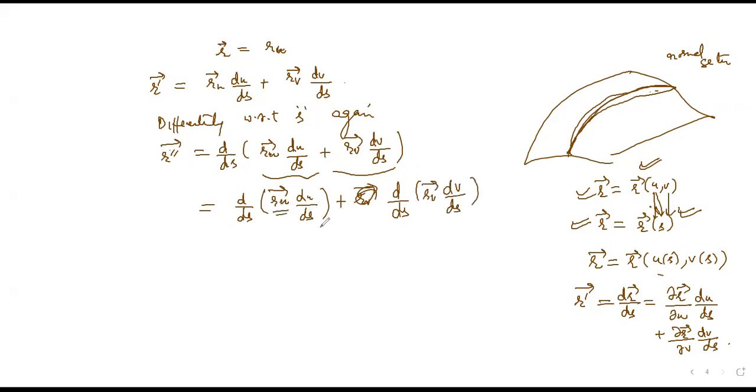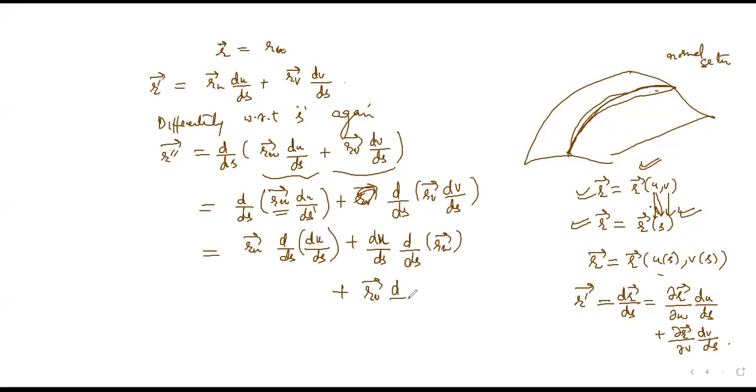Now this is a function of two variables, right? This is a function of a single variable. So we keep r sub u as it is, then we have d by ds of du by ds, plus, keeping du by ds as it is, using the chain rule, d by ds of r sub u. I'm doing this in full detail because I want it to be absolutely clear. Similarly, we keep r sub v as it is, then you would have d by ds of dv by ds.